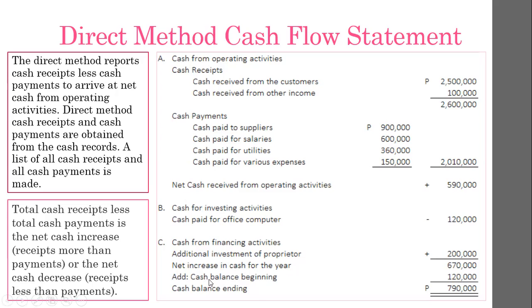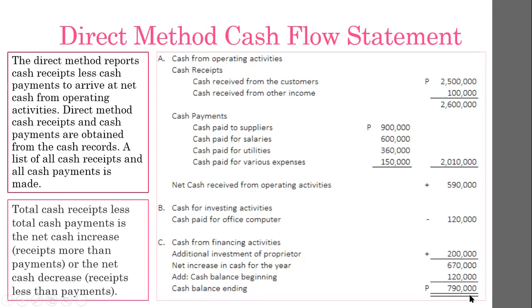Then, add cash balance beginning. Given na din po yan, itong 120,000. I-add nyo lang para malabas yung cash balance ending na 790,000. Okay po?